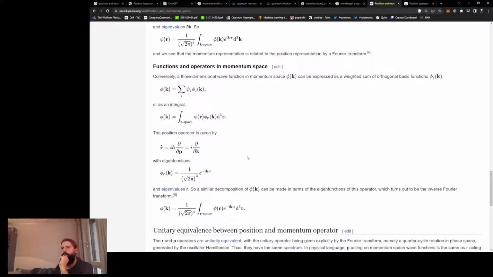So essentially, this is kind of the key. That's what we want to convert. We want to go from one space to another. We want to express one function using another as components.